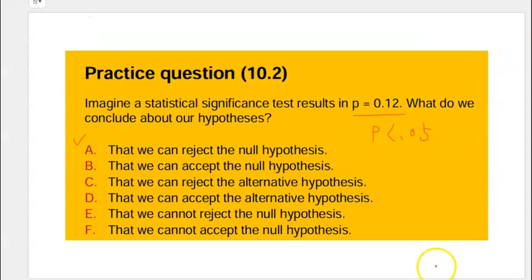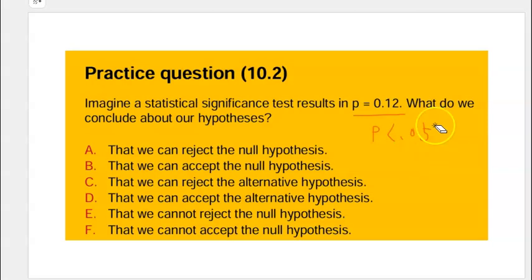Okay, so this is the practice of the questions. Let's see this one together. Imagine a statistical significance test results in p equal 0.12.